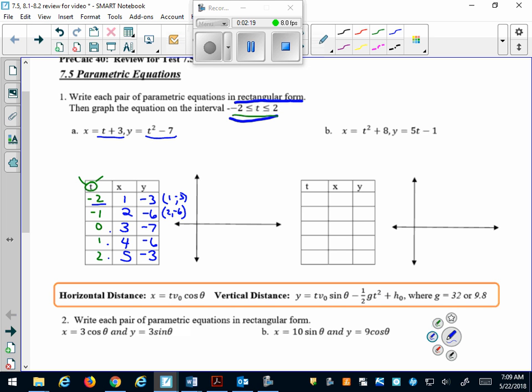So when I go to graph this, my x values need to be between 1 and 5. And 1, 2, 3, 4, 5. And my y values need to be from -3 down to -7. So I'm going to make sure I go to -7 here.